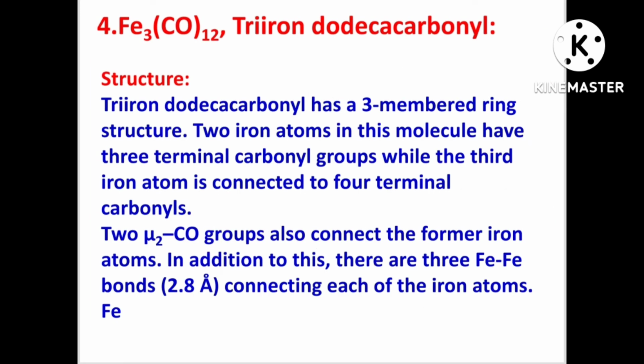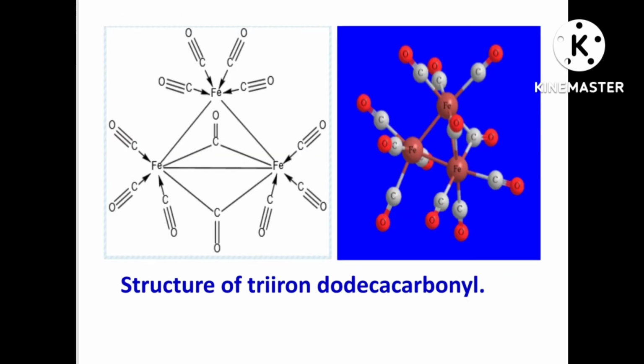Now we discuss the structure of triiron dodecacarbonyl. In this compound, 3 iron atoms and 12 carbon monoxide molecules are present as ligands. Out of these 12 carbon monoxide ligands, 2 act as bridged ligands. And out of these 3 iron atoms, one is linked with 4 carbon monoxide ligands, and the other 2 are linked with 3 carbon monoxide ligands each.